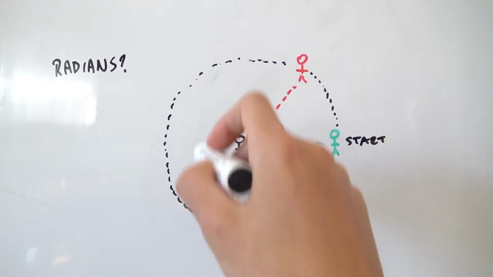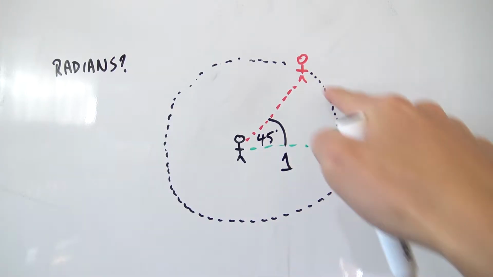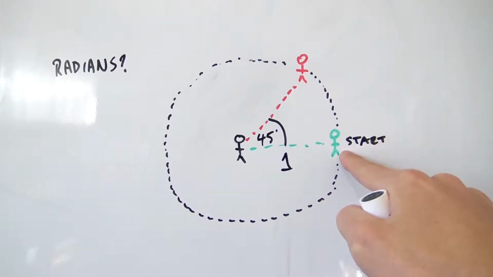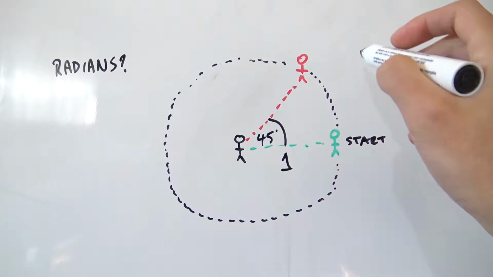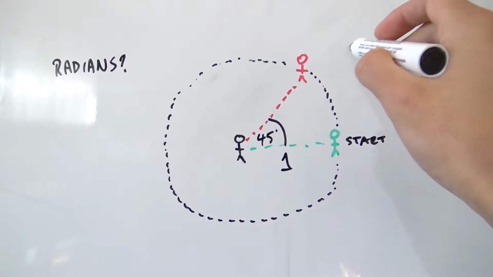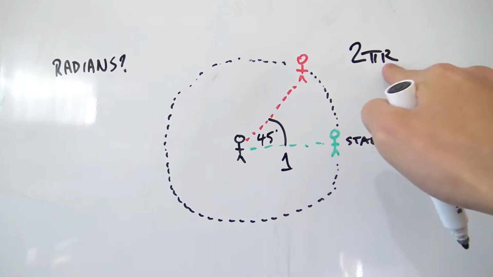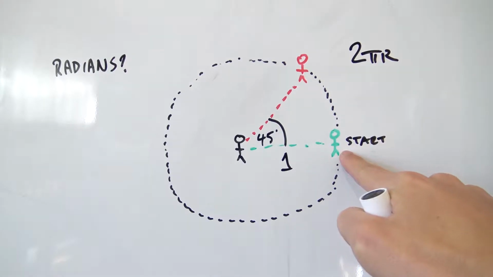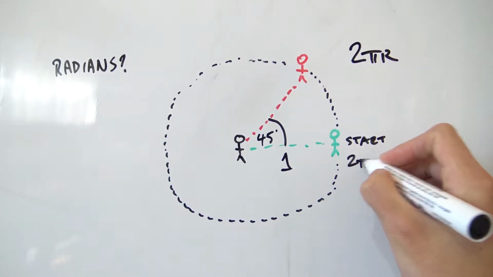So if a full revolution is exactly 360 degrees, as we defined it in degrees, then if this person walks all the way around the circle, he's going to make the exact same angle. But we want to look at how far he had to walk. We know the formula for the circumference of a circle is 2 pi r, and plugging 1 in for the radius, in order for this guy to walk a full revolution around the circle, he'll have to walk 2 pi units.